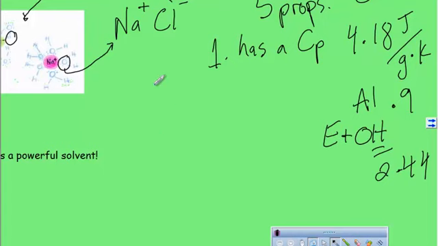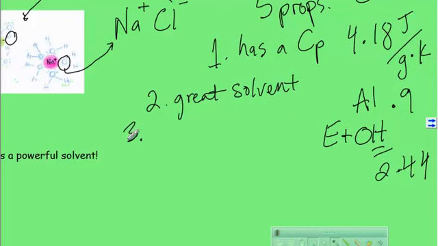And so, the other property, great solvent. Why is it a great solvent again? We just talked about it in the previous slide. Because it's highly electronegative. It's also cohesive. It sticks to itself, which is what results in surface tension.